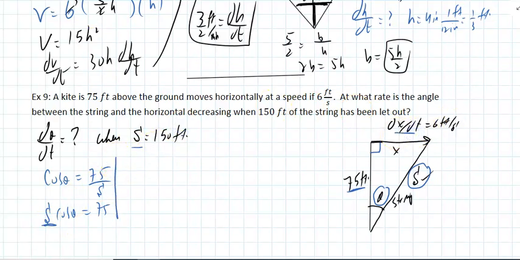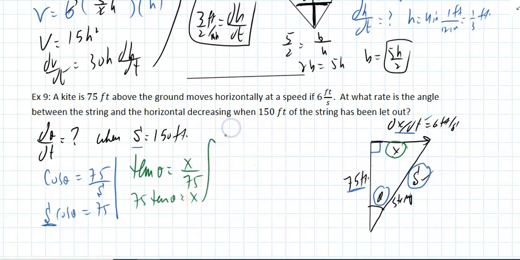Okay, well, what's the other option? Can't I say tan of theta equals the opposite over the adjacent? Do I have information about theta? Yeah, I do. And do I have information about x? I do. In this case, it does work. So it's 75 tan of theta equals x. If I take a derivative, I'll get 75 secant squared of theta dθ/dt equals dx/dt.